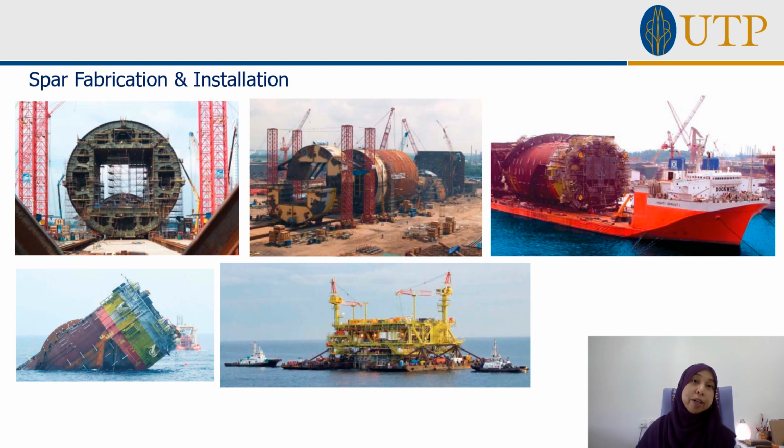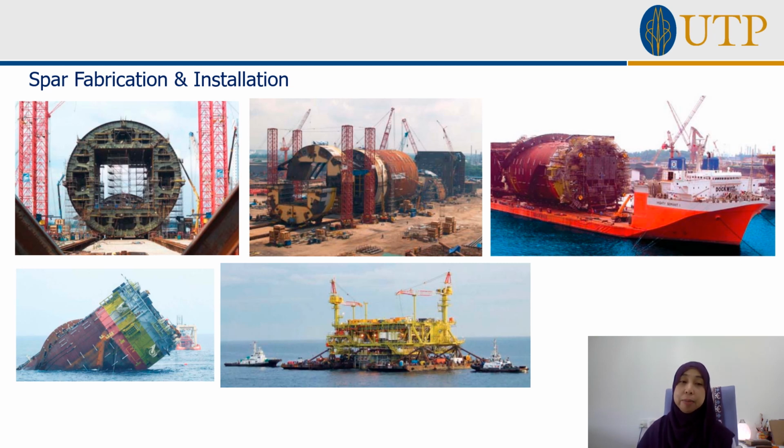And when you want to fabricate the spar, you will have to do it again at the fabrication yard. It will be so huge, just like this big circle. You will have to design it. You will then have to install it, bring it on the big barge into the sea where you want to place it, and you will ballast it. You will ballast it so the weight of the water inside the spar will have it partially embedded while partially floating.